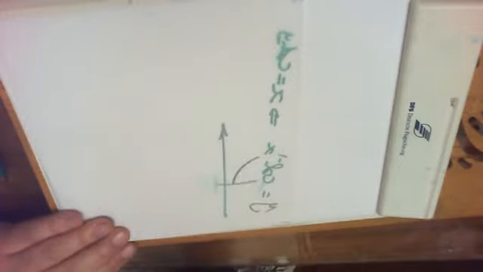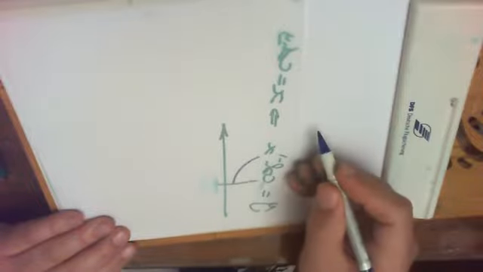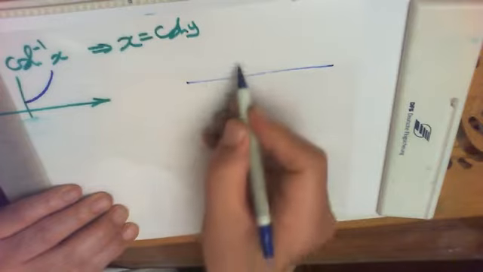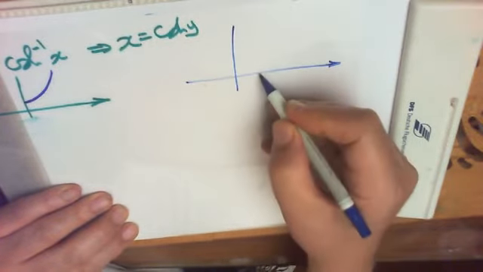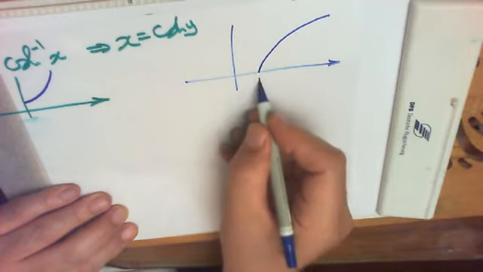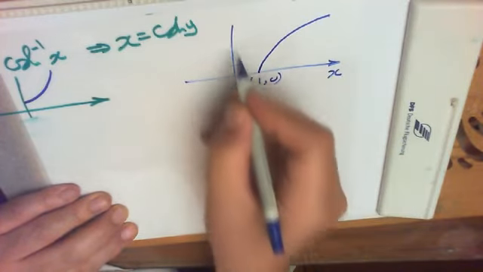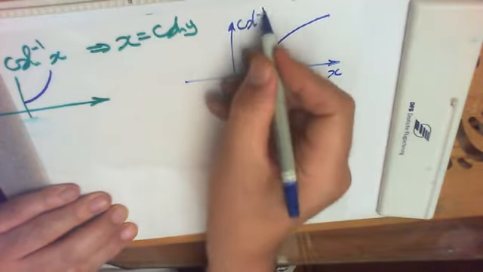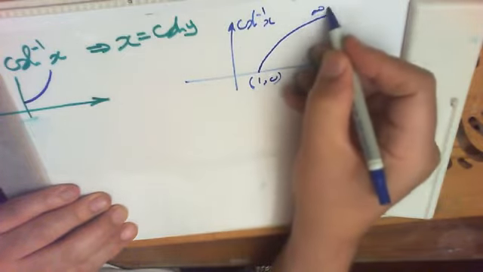Now back to right. This is x-axis, this is y-axis, and the curve will be like this. So the graph of cosine minus 1 is like this. This point was 0, 1, it is now 1, 0. x going to infinity.